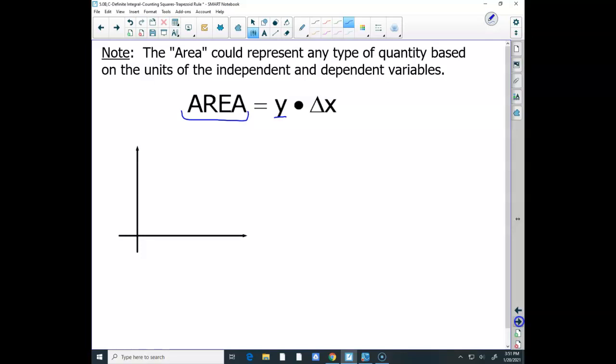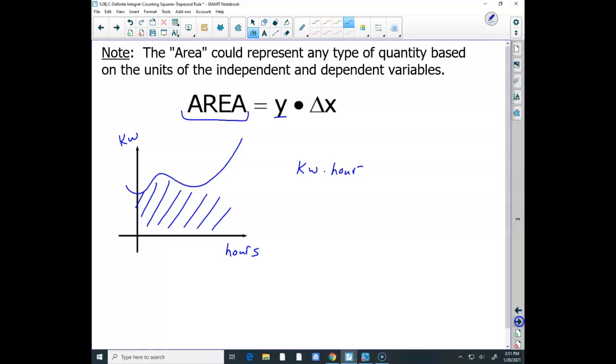And where is this ever used in the real world? Well, everybody at home has a thing called an electrical bill, okay? And if you look at your electric bill, they usually have little graphs per month and stuff. But if I think about that, if I'm thinking of kilowatts on my y-axis and hours on my x-axis, okay, if I had a curve here, I could accumulate the area underneath this curve. And if I accumulated the area underneath that curve, it would be kilowatts times hours, and those are kilowatt hours.